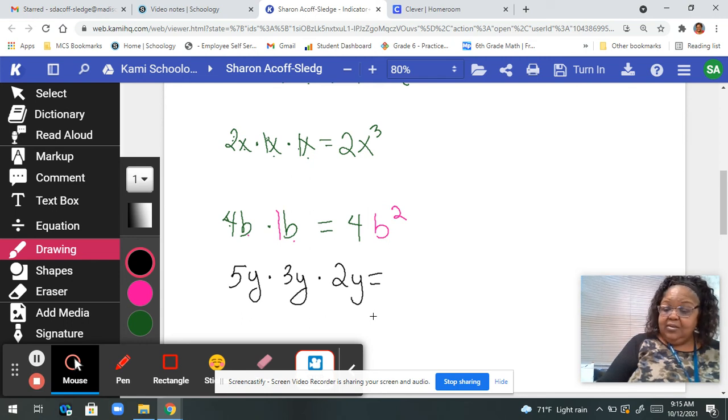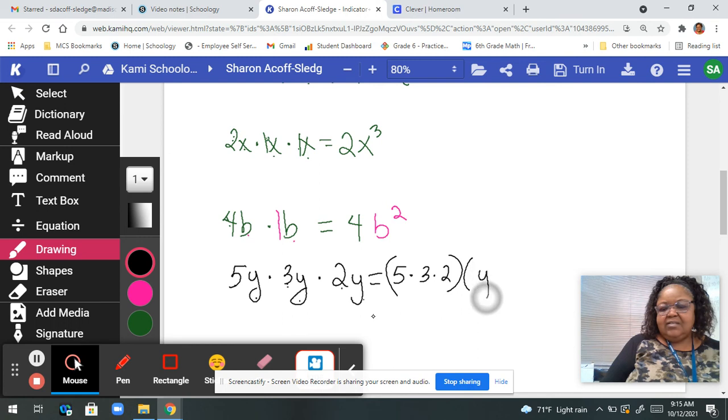And when we multiply coefficients, which are constants in front of a variable, we just multiply like normal. 5 times 3 is 15. 15 times 2 is 30. So let me write that out. 5 times 3 times 2. And then that's going to be times, how many y's do I have? 1, 2, 3. So that's y to the third power. So 5 times 3 is 15, times 2 is 30. So this is equal to 30, y to the third.